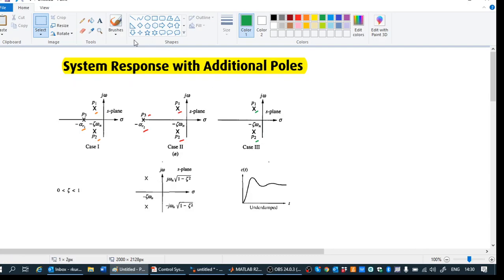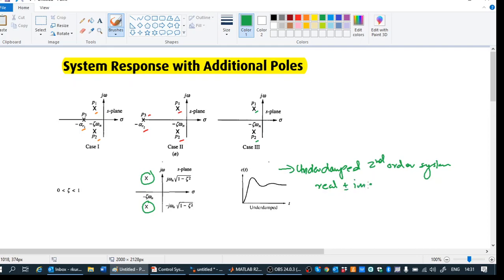It's got two poles, and the poles, that is these two poles that we have, are having real plus or minus imaginary parts. Okay. Now if you have a look here, our case 3 is equivalent to that of a second order underdamped system.